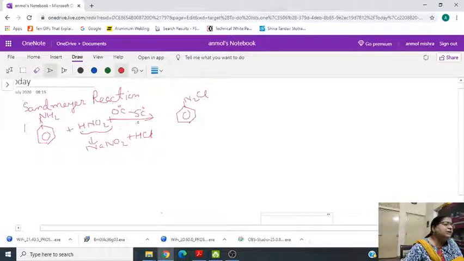Now if temperature rises above 5 degree centigrade, this benzene diazonium chloride becomes unstable. So to make it stable, the temperature should be between 0 degree to 5 degree centigrade. This step is known as diazotization.